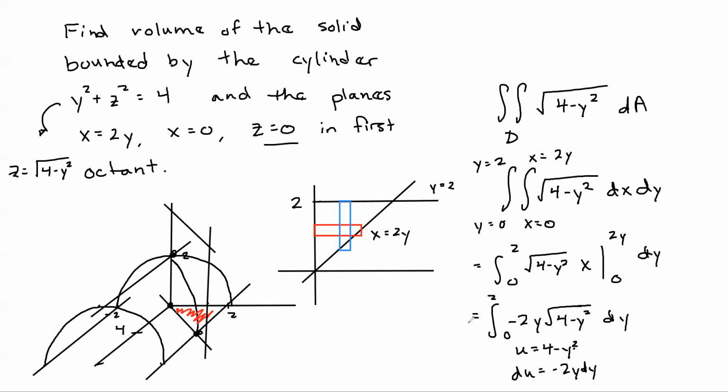So you can put the negative here, and then plug in 0 for y, and you're going to get from u equals 4, plug in 2, to u equals 0, and then this is going to be the square root of u. The negative 2y dy is du, so it's root u du, and from there it's a very short, easy integral. You should get 16/3, assuming I did not make any mistakes.